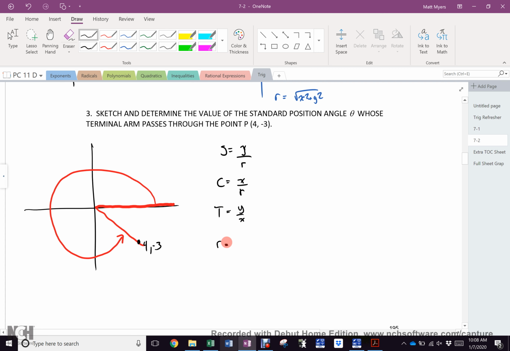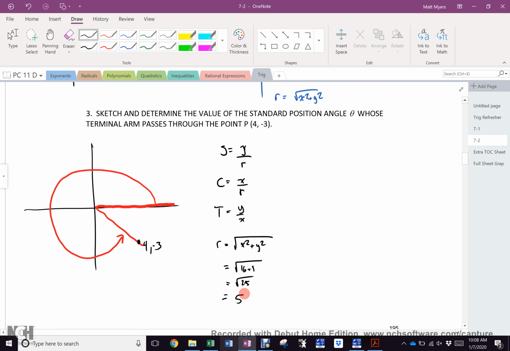And we know r is what? The square root of x squared plus y squared. So all we do is figure it out. What's this? It's 16 plus 9, so it's the square root of 25, so it's 5, right?